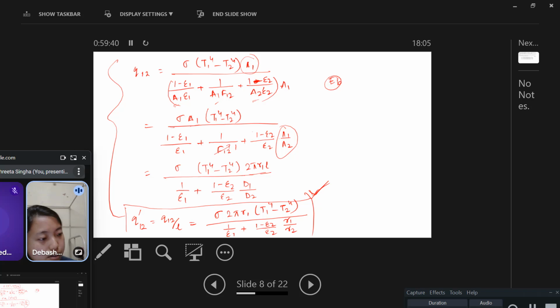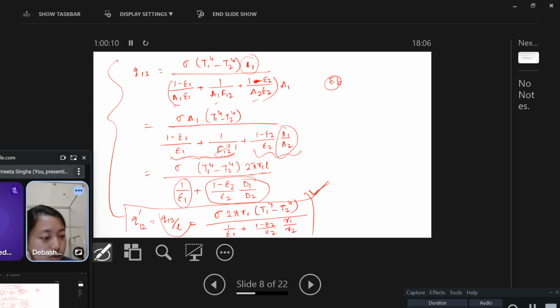Then after cancelling, in the second part this F12 is 1, the view factor is 1, because the outer cylinder can receive all the radiation emitted by the inner cylinder, so it's 1. If I simplify that, it becomes 1 by epsilon 1 in this part, and this part remains as 1 minus epsilon 2 divided by epsilon 2 into D1 by D2, or you can write R1 by R2 also.